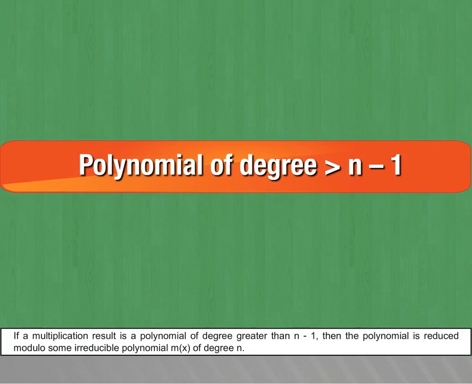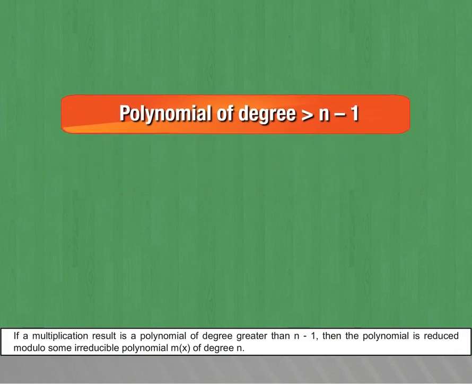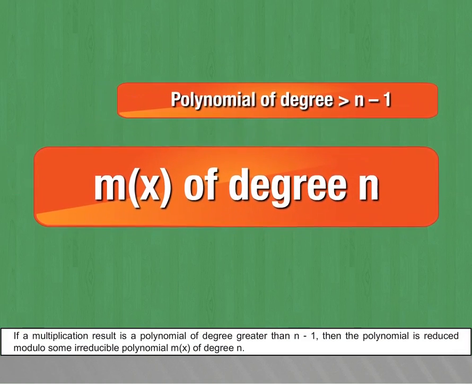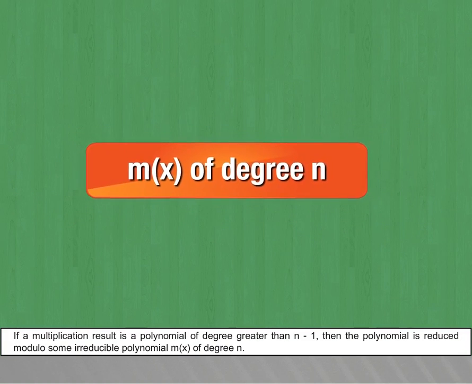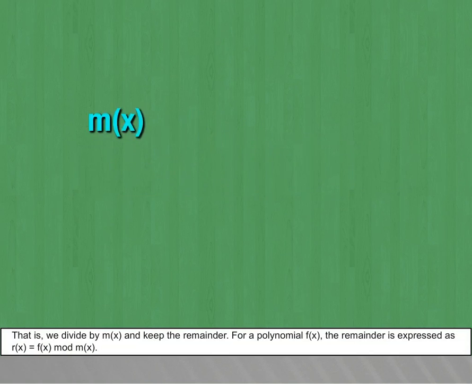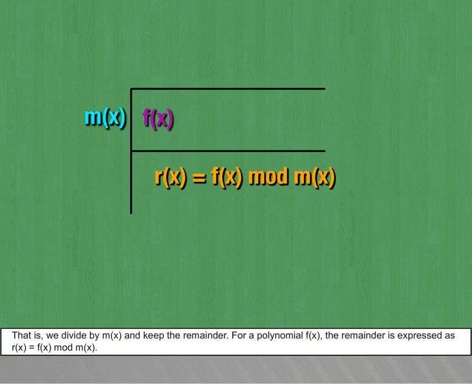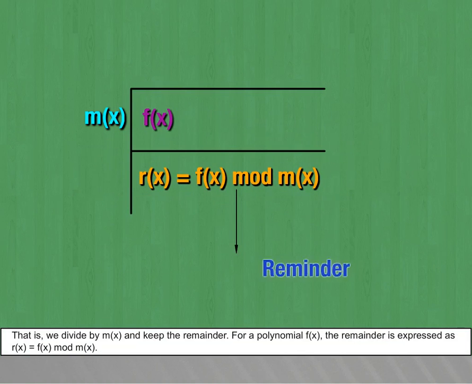If a multiplication result is a polynomial of degree greater than n-1, then the polynomial is reduced modulo some irreducible polynomial m of x of degree n. That is, we divide by m of x and keep the remainder. For a polynomial f of x, the remainder is expressed as r of x is equal to f of x mod m of x.